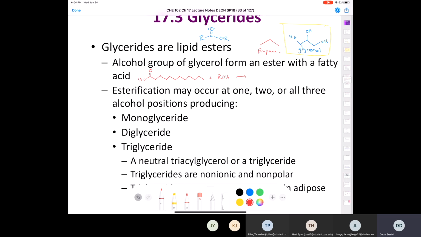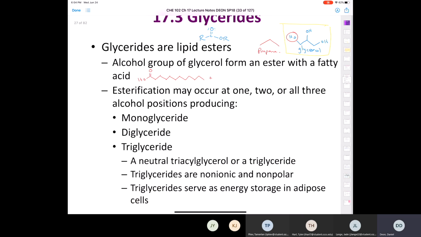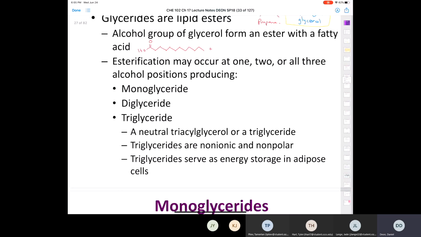But the alcohol is in fact coming from glycerol. So the alcohol will be one of the hydroxyls of glycerol. What else is important is the esterification reaction. Let's write it down here: acid plus alcohol gives us an ester.